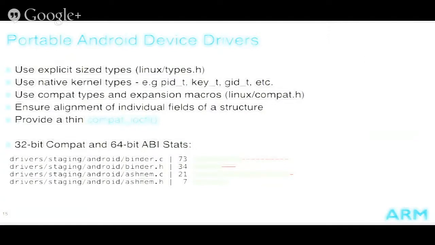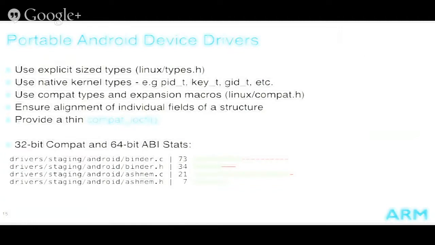Try to use the kernel compat expansion macros. When you get a 32-bit pointer, you need to expand that to fit it in a 64-bit type inside the kernel. Ensure the alignment of individual structures. As you might know, compilers tend to add so-called dead memory spaces so that they ensure proper alignment of your structures.